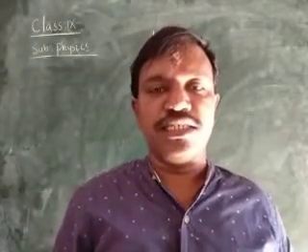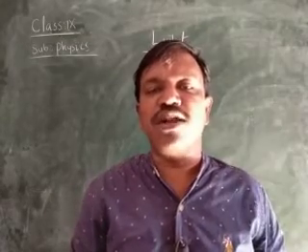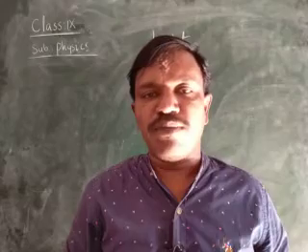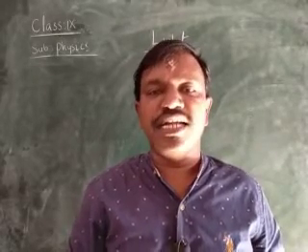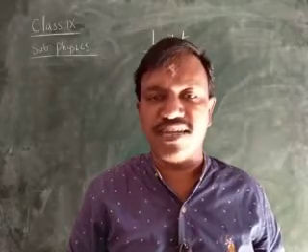Angle of incidence is the angle between the incident ray and the normal. The angle between the normal and the reflected ray is called the angle of reflection. Incident ray is the light ray which is falling at a point on the reflecting surface.